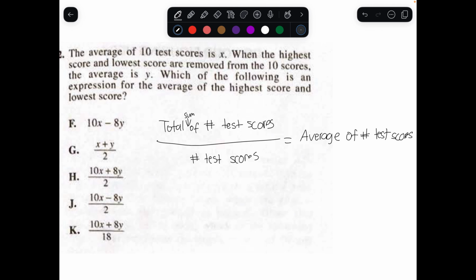So we can use this formula, and I'll show you how.